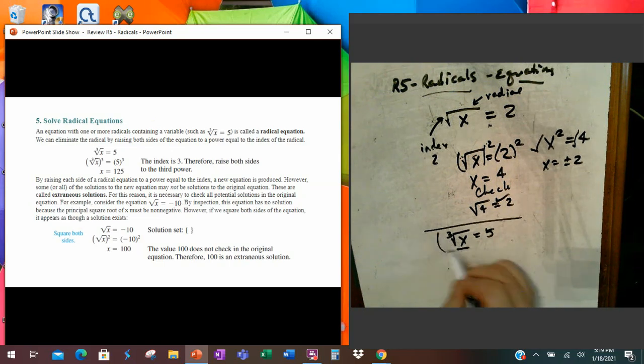In this case, that index is 3 on the radical, so I'm going to raise this to that same power, 3. That gets rid of the radical. Then 5 times 5 is 25, times 5 gives me 125. Then I would check it: does the cubed root of 125 equal 5? And that would check.